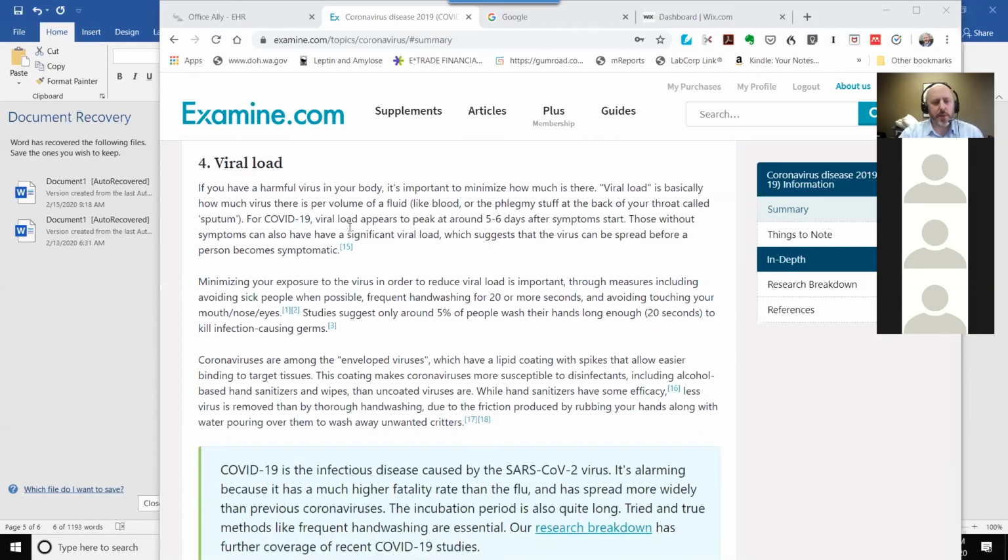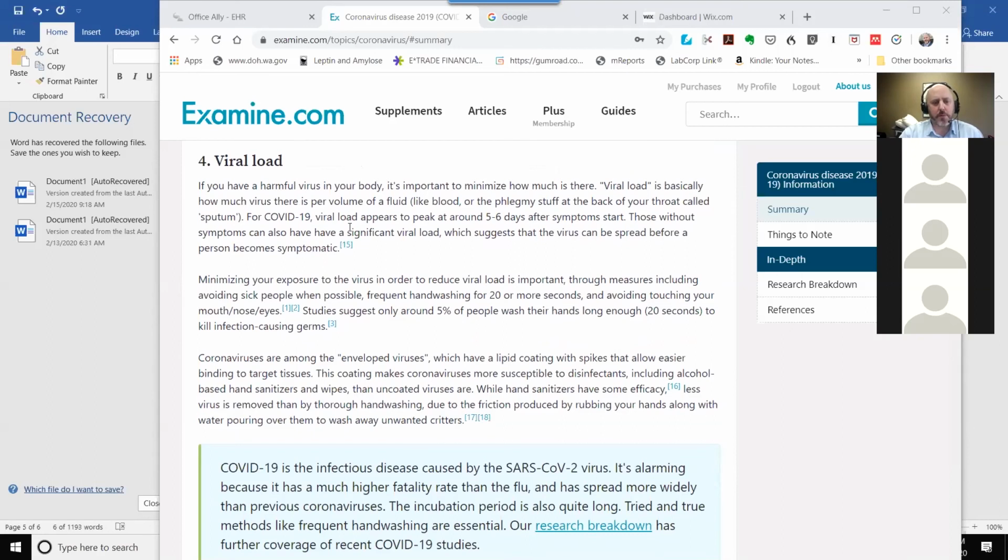And we talked a little bit about viral load. I talked about how this coronavirus attaches to tissues really well, because it's called an envelope virus with spikes, and so it can bind to nasal passages, throats, eyes, and lungs really easily.